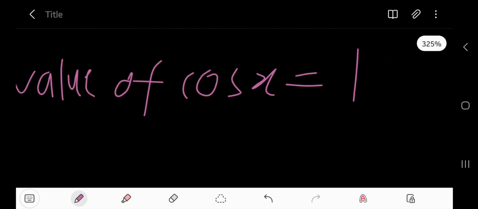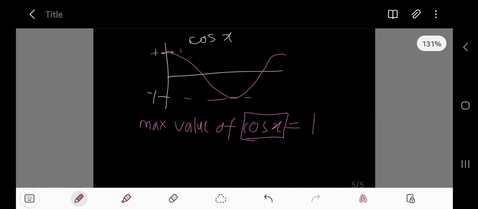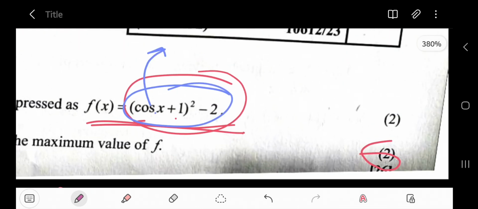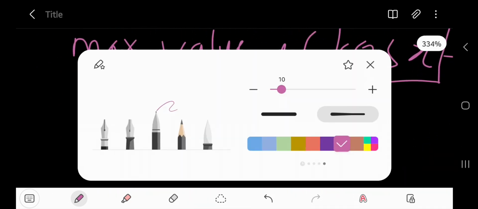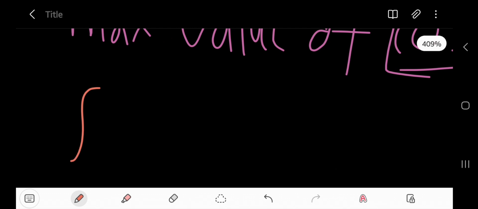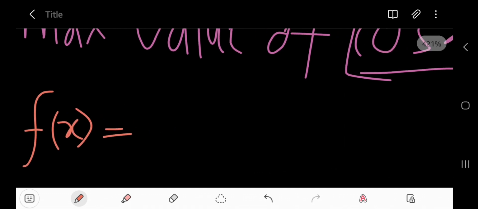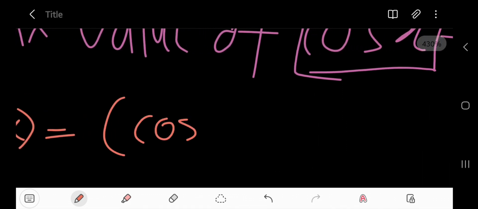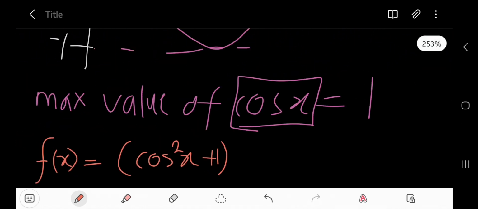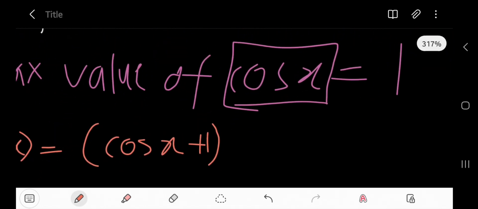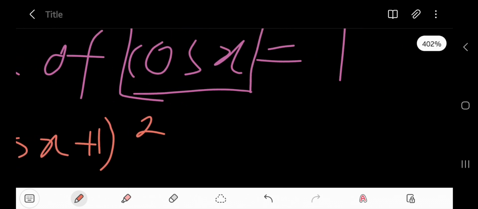So now that we have the maximum value of cos x, we just replace it with 1 wherever cos x is, because they want the maximum value. So we are going to express f of x in its maximum value depending on what ratio we have. So remember they said f of x is equal to, no, it's not like this, it's cos x plus 1 squared, minus 2.